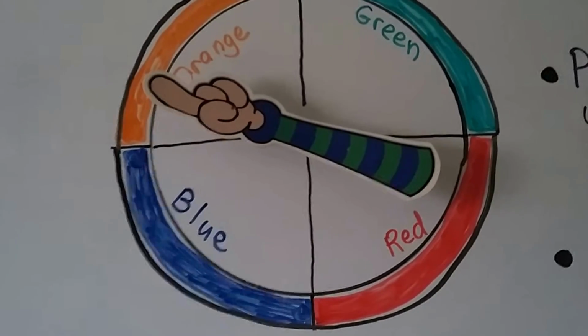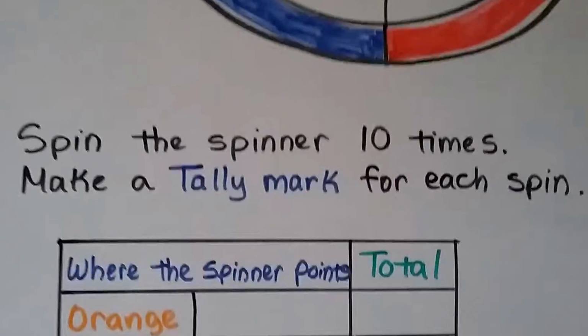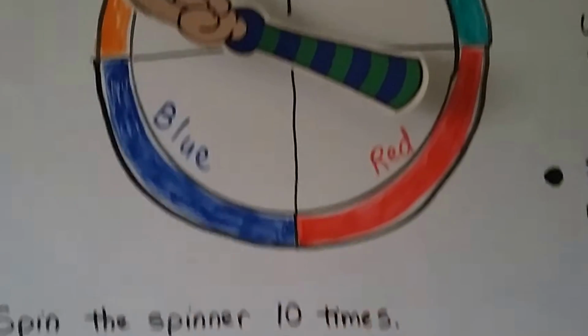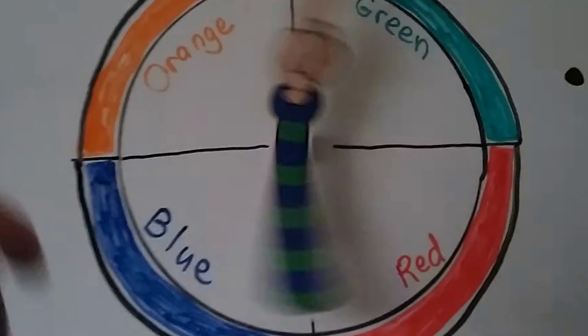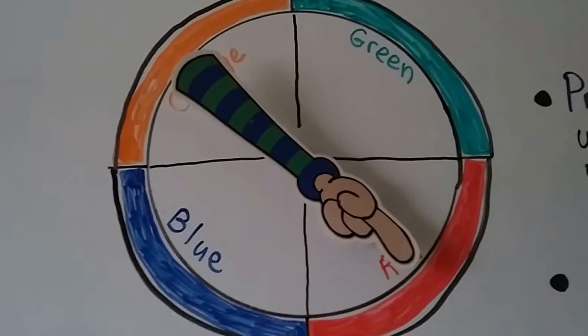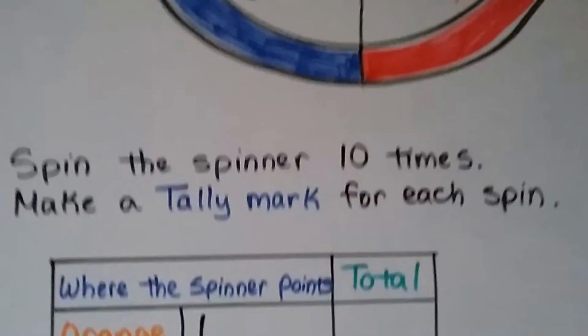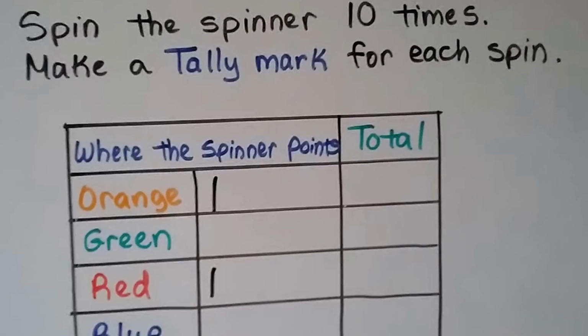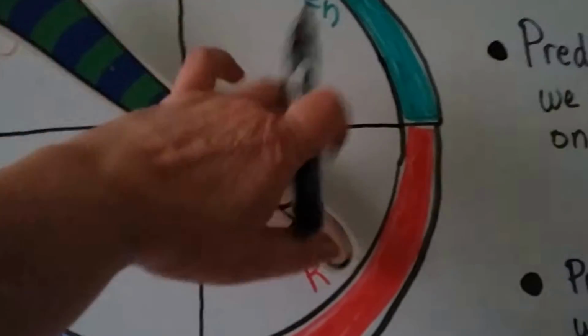This is the first time. We got an orange. So we're going to put a tally mark for orange. That's one spin. Let's do it again. Ooh, we got a red. That's spin number 2. So I put a tally mark for the red. Let's spin it again.